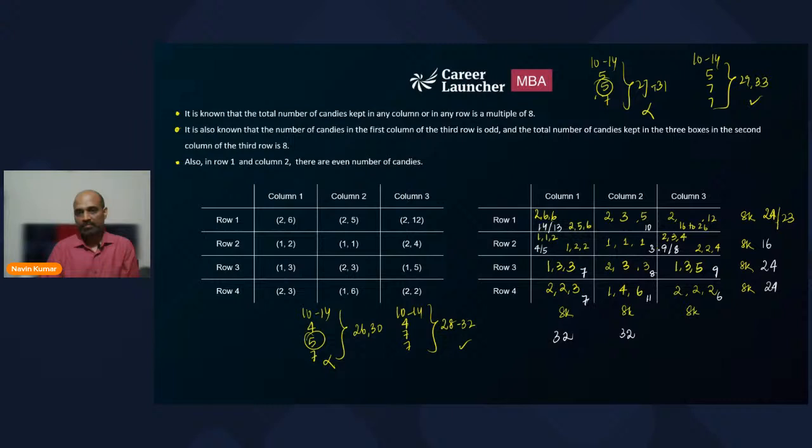Vertically 18 plus 6 24 or 23. So we have the same set of values in row 1 and column 3. Row 1 and column 3, I don't think we have anything else. Naina. Okay.